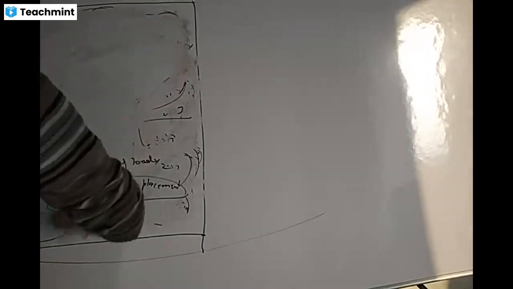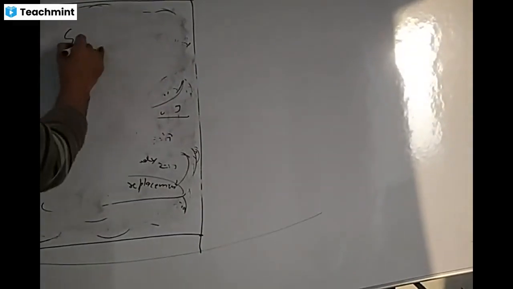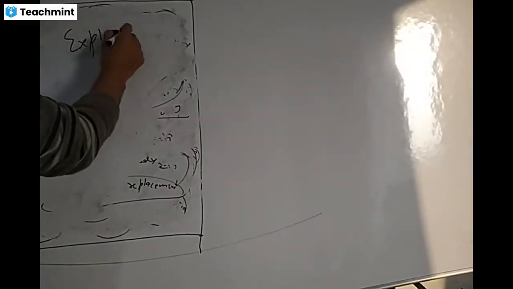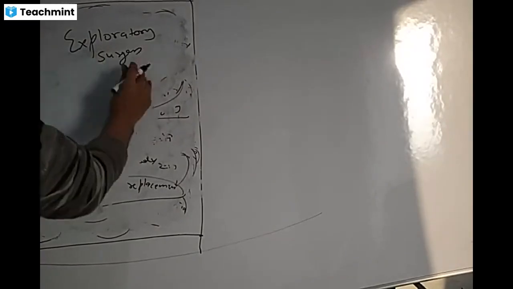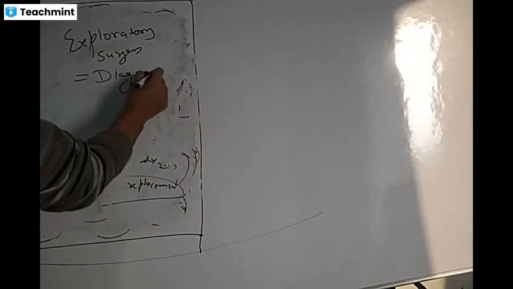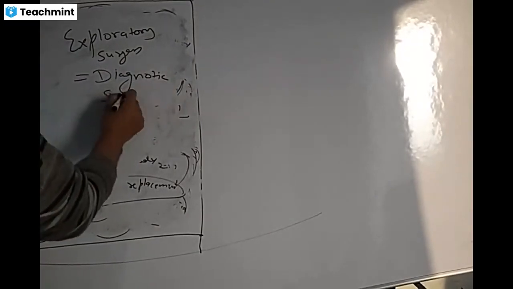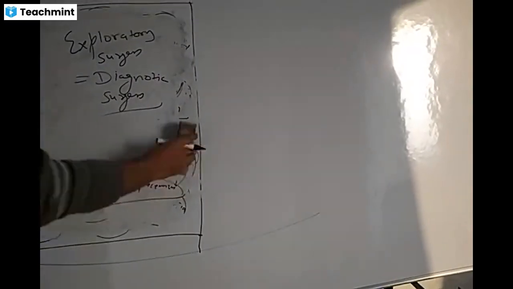Then there is one more important surgery that was asked in one competitive exam, that is exploratory surgery. This is nothing but a kind of diagnostic surgery. Means we are doing a surgery where the purpose is the diagnosis.